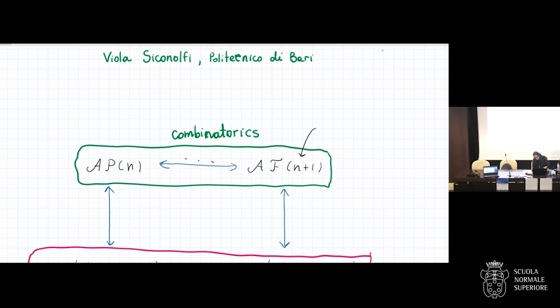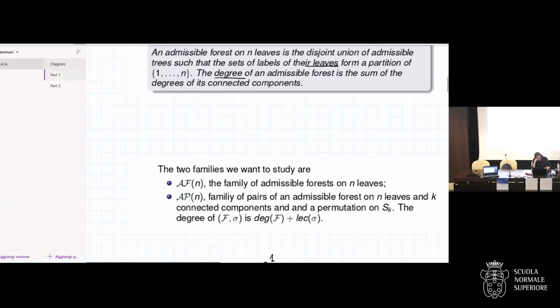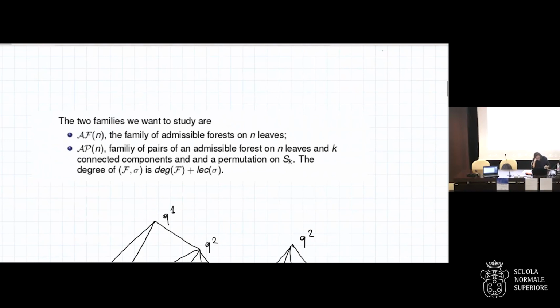Okay, so now we know what admissible forests are. What we want to study is this other object, which are pairs. These objects here are pairs of an admissible forest and a permutation.